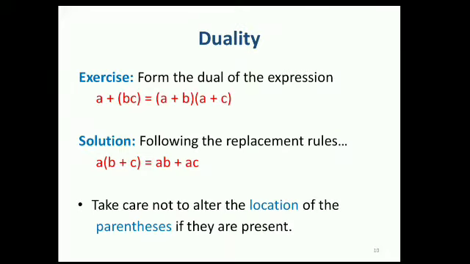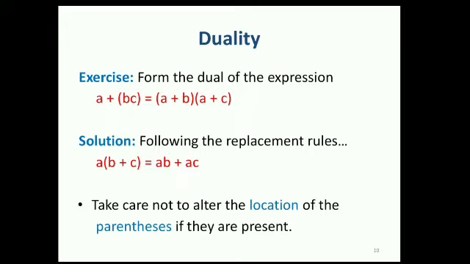Let us see an example. From the dual of the expression we can say a plus left bracket bc right bracket equals left bracket a plus b right bracket left bracket a plus c right bracket.